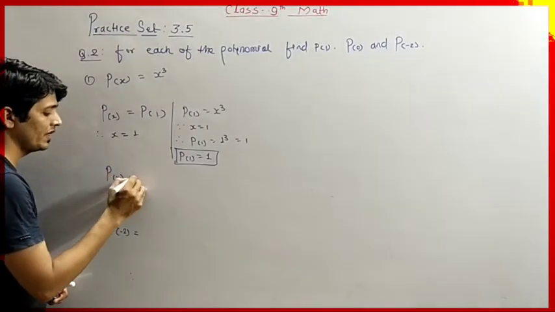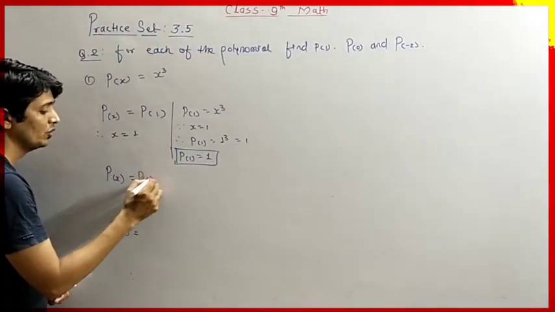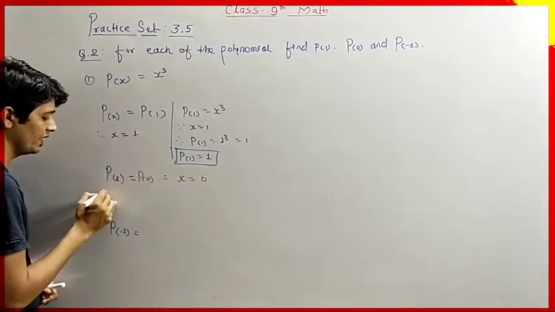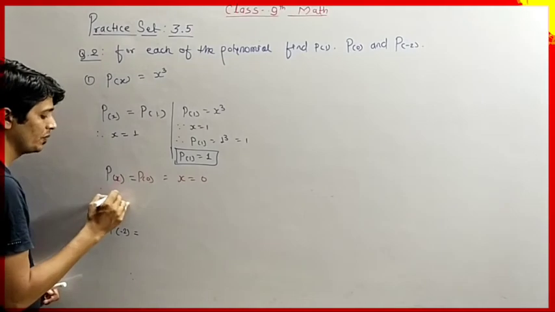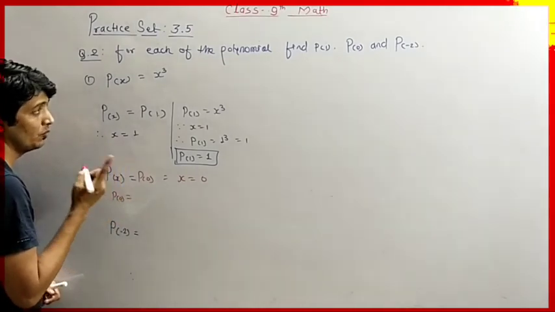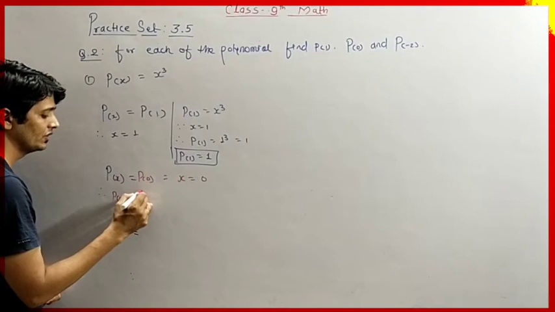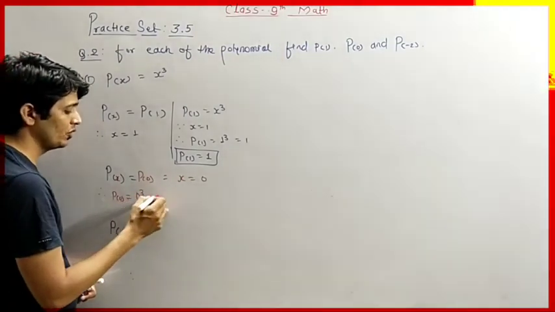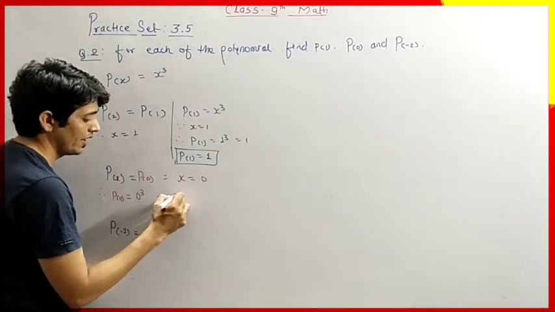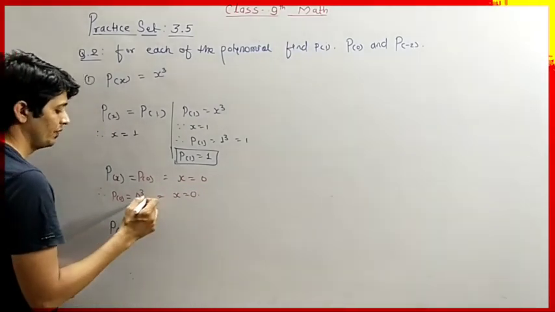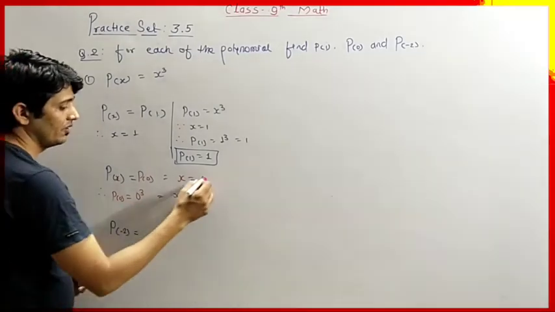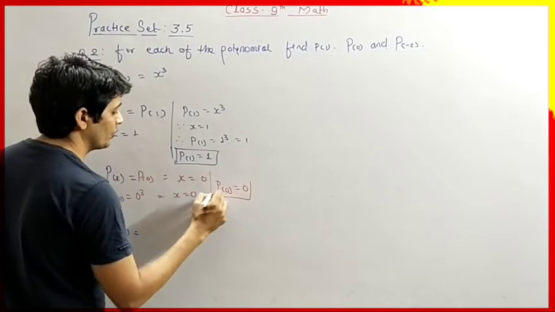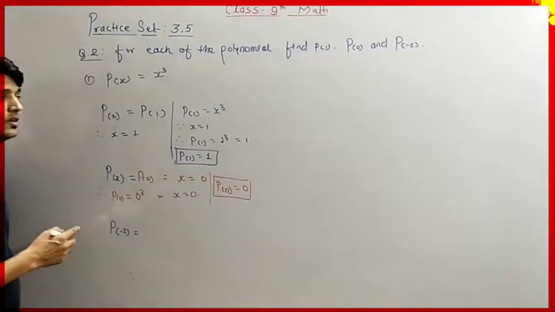If we compare Px to P0, we find x equals 0. Therefore P0 equals 0 cube, and the cube of 0 is 0. So the answer will be P0 equals 0. Really very easy one.